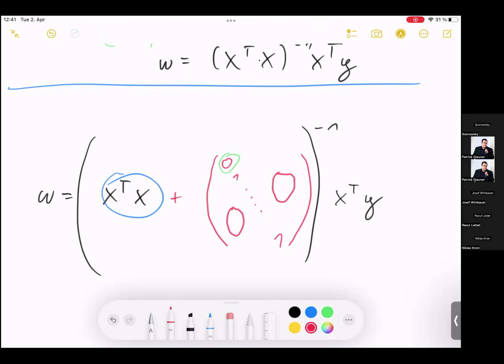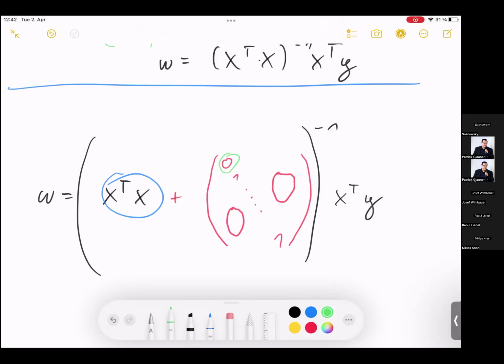And like this whole sum will be invertible, because if I add this identity matrix on top, I will definitely have something that is invertible, because the matrix will not have columns anymore that are linearly dependent, because I'm adding the identity matrix on top.